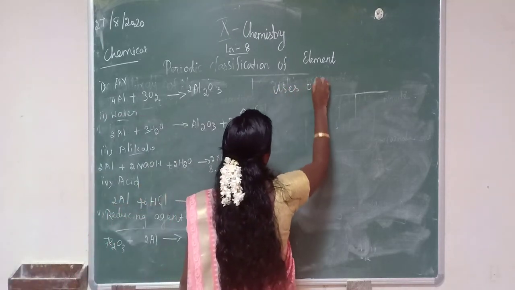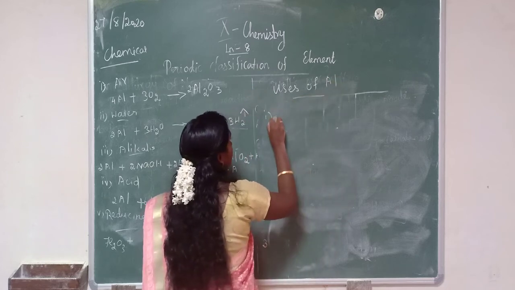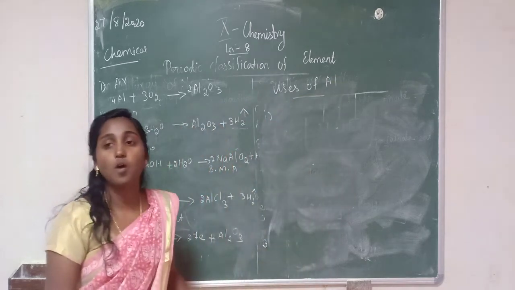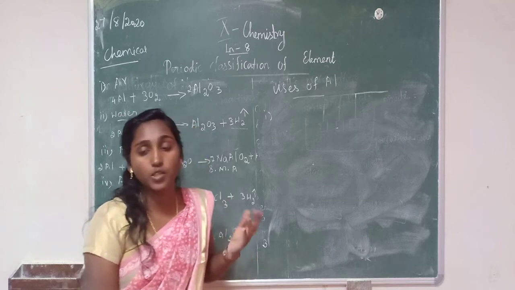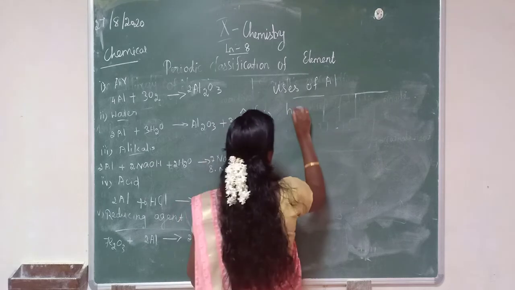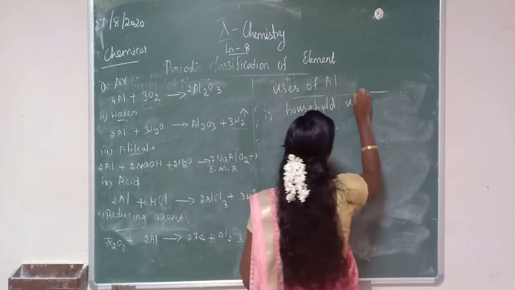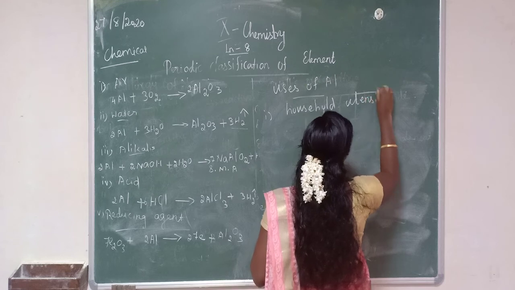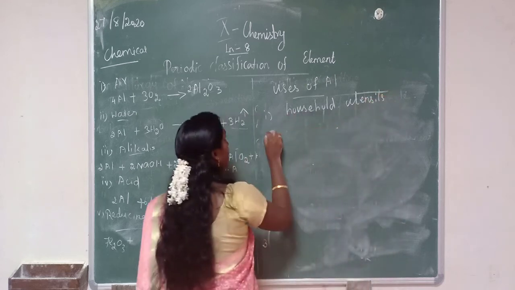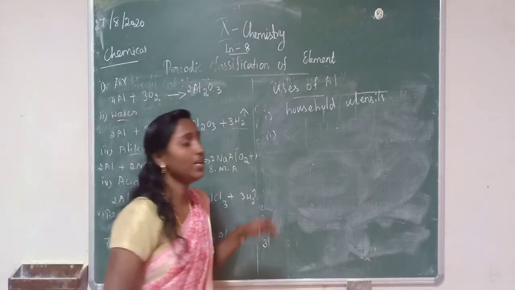Uses of aluminium. Only 3 points are there. First point, it is used in household utensils. We all know this point, right? Then second point, aluminium is used in cable industries.